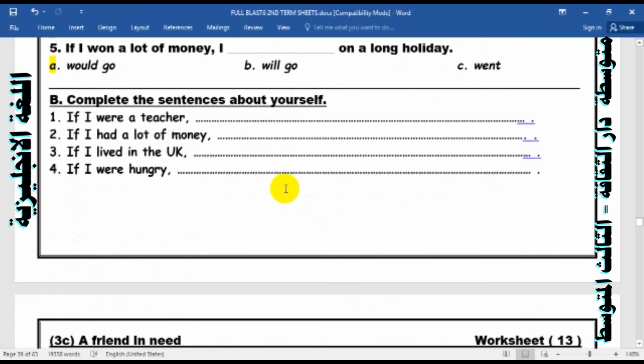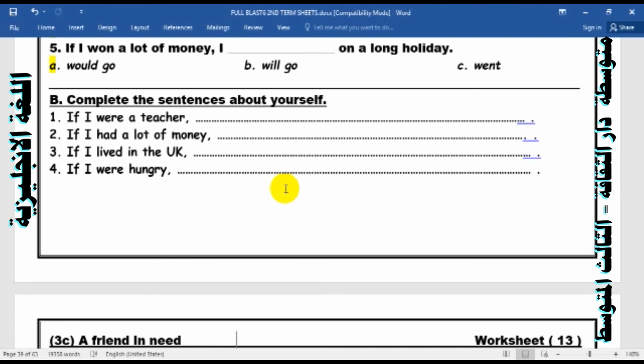Exercise B. Complete the sentences about yourself. حاول تكمل الجمل اللي جايه ديت عن نفسك باستخدام ايش؟ if. طبعا احنا قلنا رجاله if الحاله الثانيه لازم يجي بعدها ايش الاول؟ احنا قلنا if it must be followed by past simple. هو عندك هنا كله جاي لك اللي هي الاف clause، يبقى المطلوب منك هنا اللي هو the main clause.